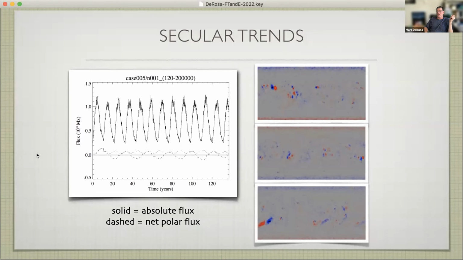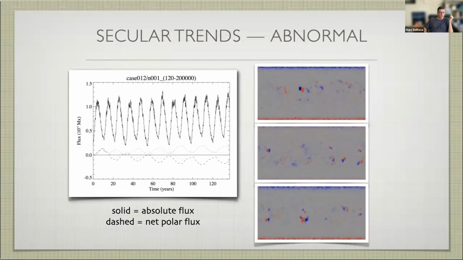Now, running the same model with the same initial condition and the same parameters, you can actually find models that do this. What's happening here is that, just because of the particular sequence of outlier events, for example, you might call them rogue active regions, an active region will emerge at an unusually low latitude, so that it straddles the equator, which does occur on the sun occasionally.